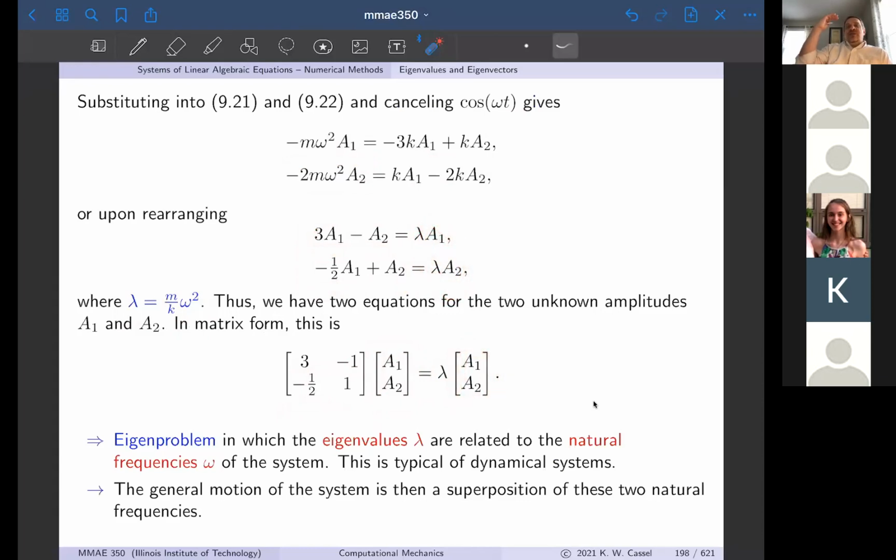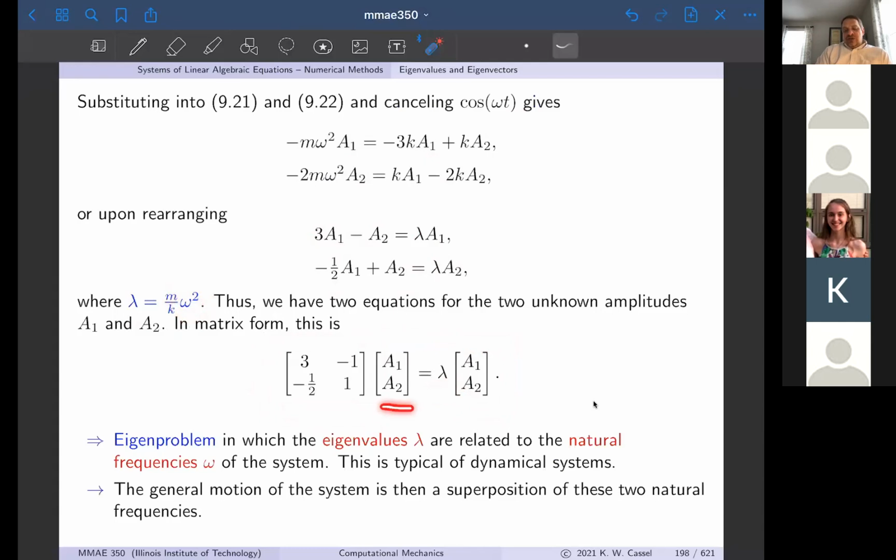So asking the physical question, what are the natural frequencies of vibration of this spring mass system, results in having to ask and answer the mathematical question, what are the eigenvalues and eigenvectors of this 2 by 2 matrix? And that's it. It's that simple. If I can find the eigenvalues and eigenvectors of this 2 by 2 matrix, those give me the eigenvalues, lambda, which are related to the natural frequencies.